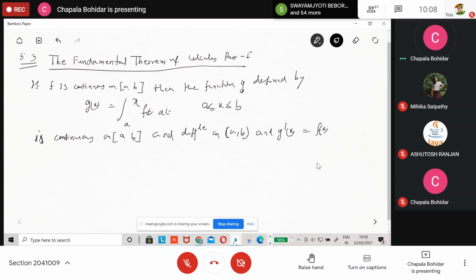Okay, this is your fundamental theorem, part 1.